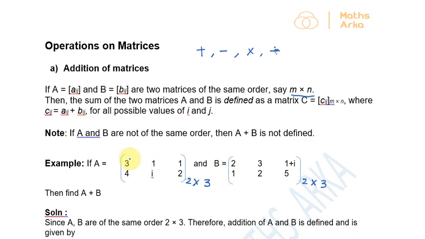Now how do we add them? We add each of the corresponding elements together, and that would be the result. The first row first column element of A and the first row first column element of B should be added to get the first row first column element of the result. So this is how it is added: 3 plus 2, then 1 plus 3, then the last element of this row, 1 plus 1, and similarly we move ahead.